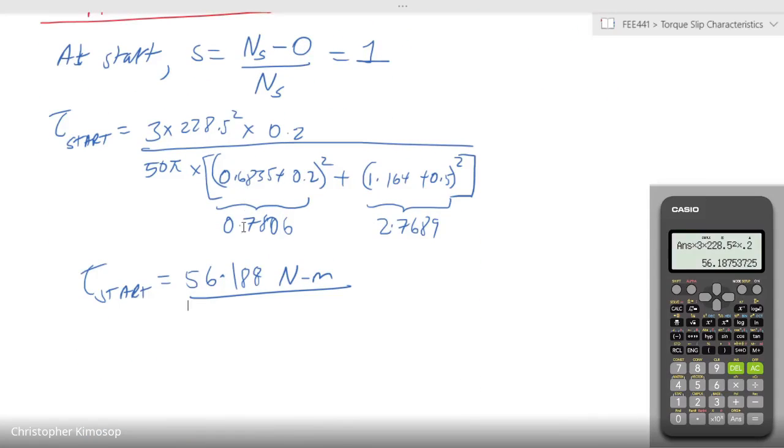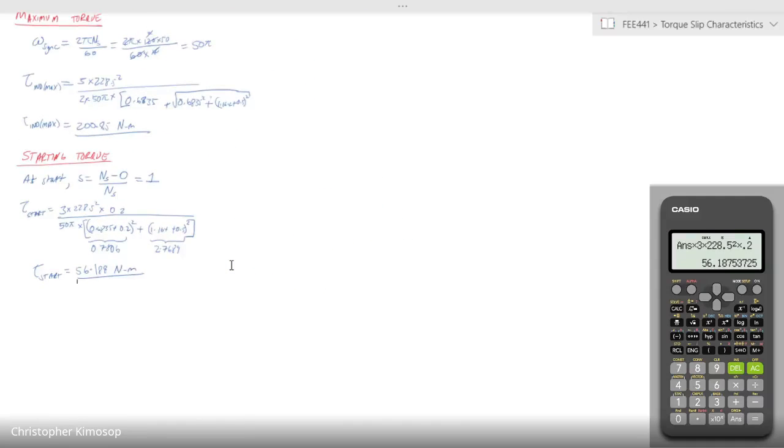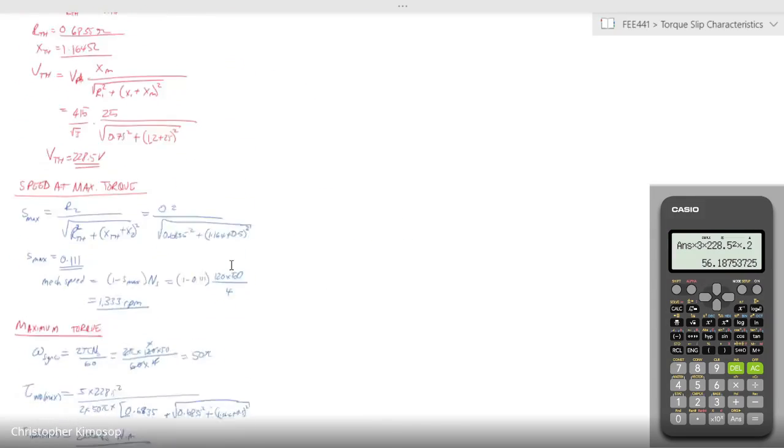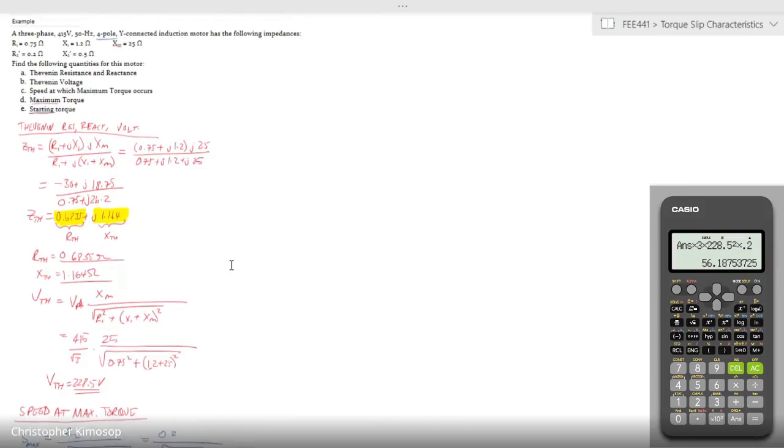So I think we can stop there. That's more or less it for today. We've achieved what we wanted to do: maximum torque and the torque slip characteristic.